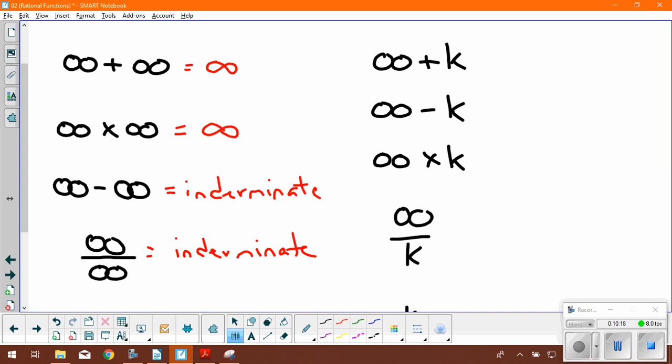Okay. On the flip side, if I have infinity and I add some quantity to it, well, it's still infinity. Okay. If I have infinity and I subtract something, well, it's still infinity. It's just still a really big number. If I multiply by a constant, it's still infinity. If I divide it by a constant, it's still infinity.